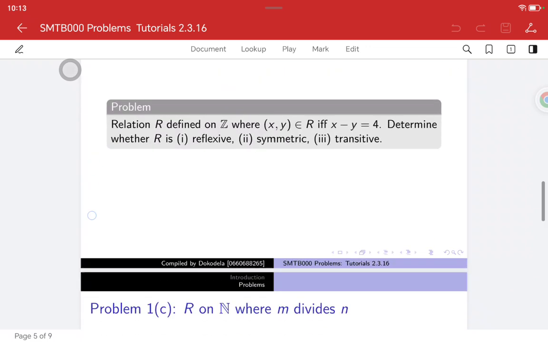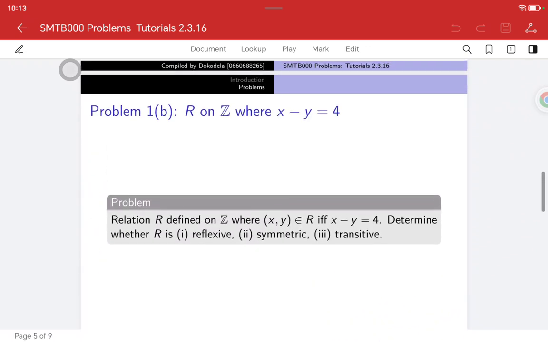So the second one says we are given R on Z, a relation R defined on Z where XY is an element of R, which is the same thing as saying X is related to Y, if and only if X minus Y is equal to 4, and we should also determine whether R is reflexive, symmetric, and transitive.